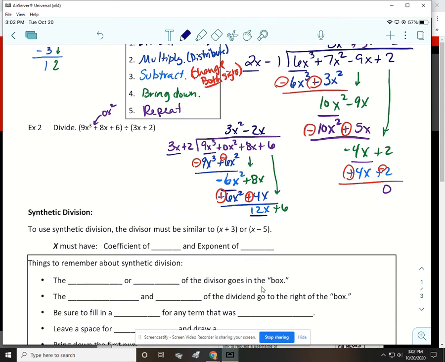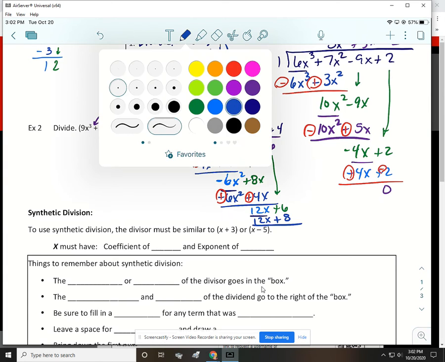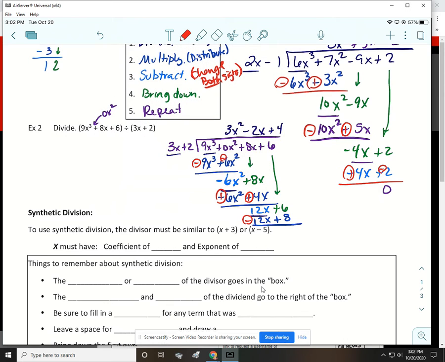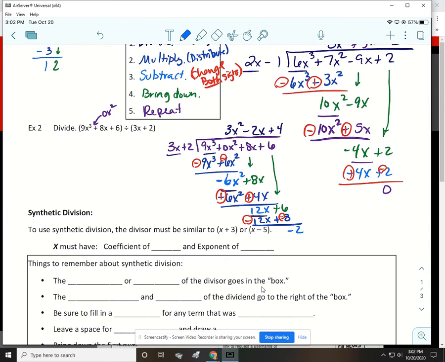Okay, one more time. You ask yourself, what would you multiply 3x by to get 12x? And that's going to be 4. All right, and then we'll multiply and subtract. Okay, so this time we do get a remainder.